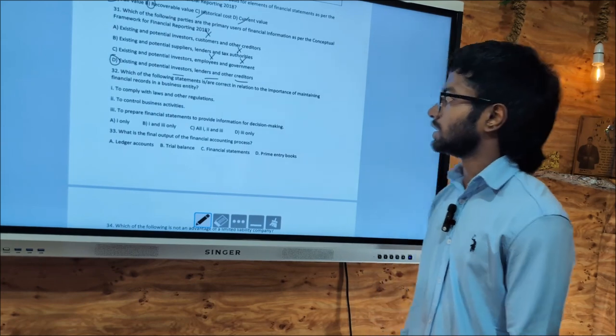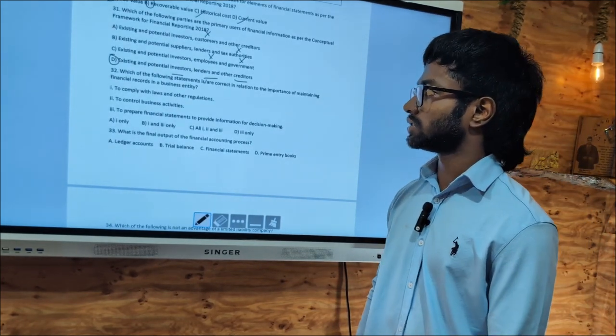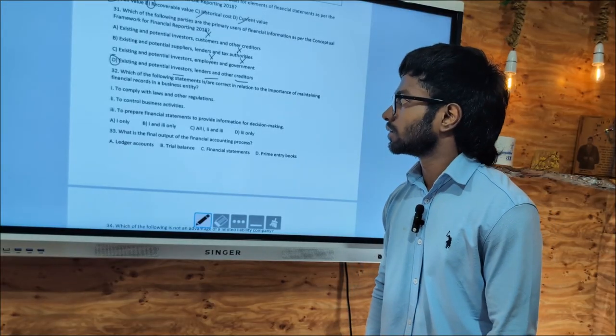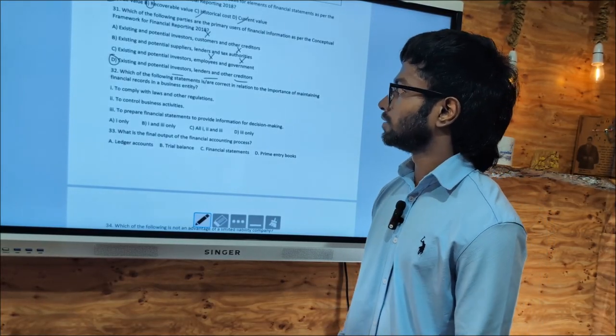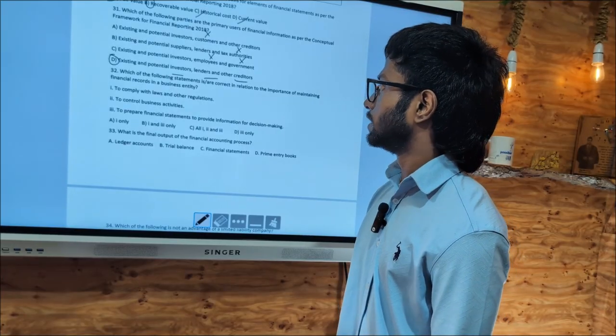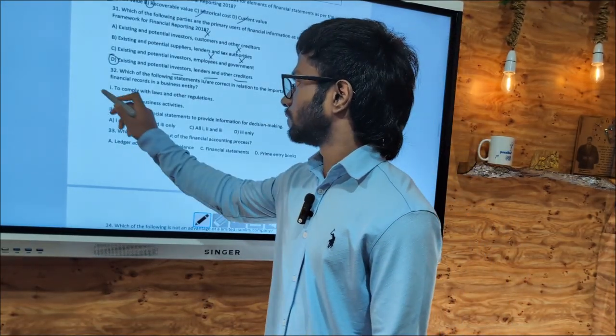32, which of the following statements are correct in relation to the importance of maintaining financial records in a business entity. So we have to identify what is true. To comply with laws and other regulations. Yeah.